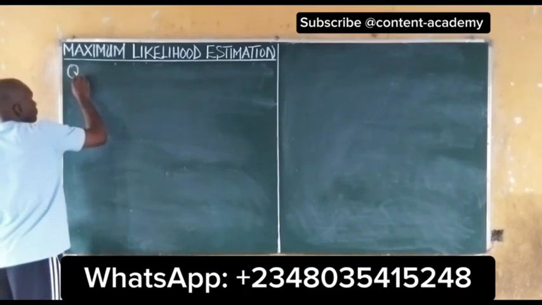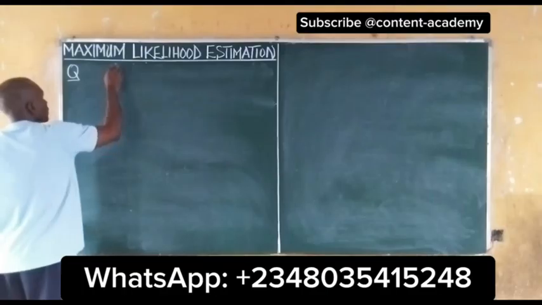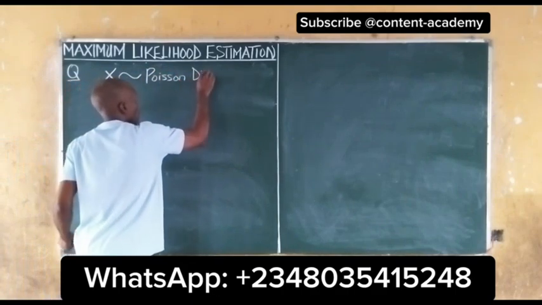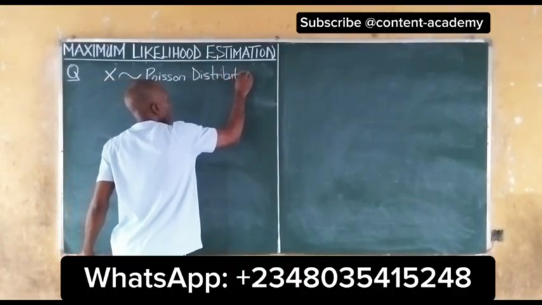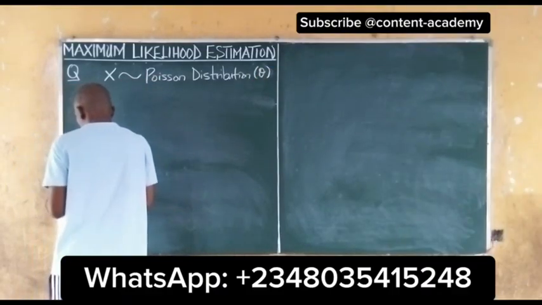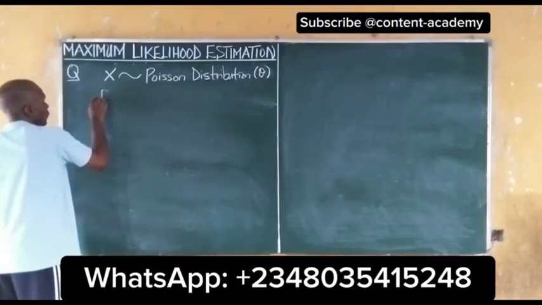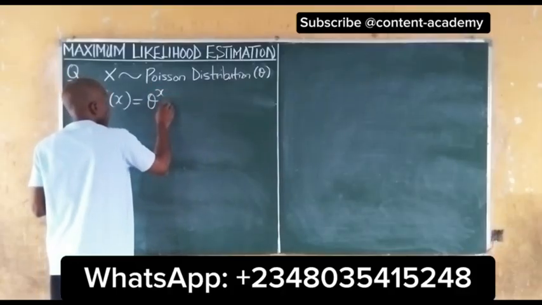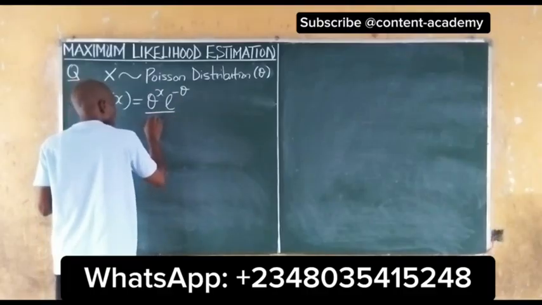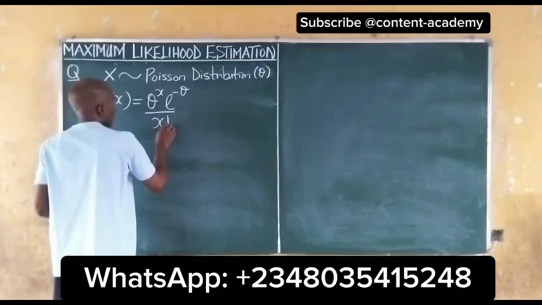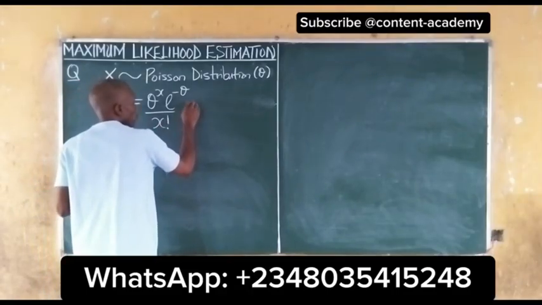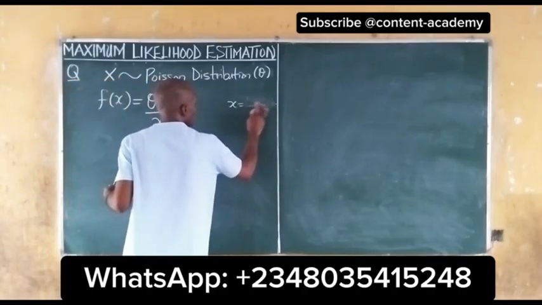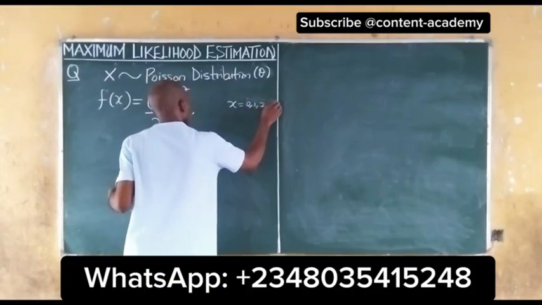Our next question, question 2. If x follows a Poisson distribution with parameter theta, and we are given the PDF to be equal to theta^x e^(-theta) all over x factorial, where x is equal to 0, 1, 2, and it continues.